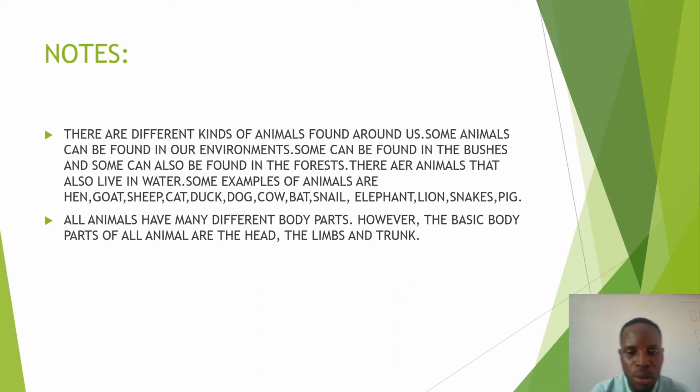So if somebody asks you how many main body parts an animal has, there are three: head, limbs, and trunk. And you can also give examples of animals. I cannot mention all animals in the world, so you give me some examples.